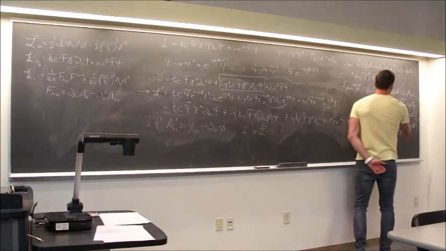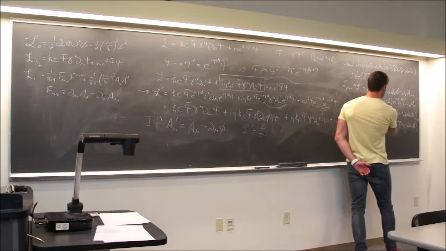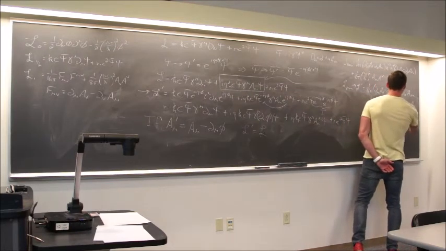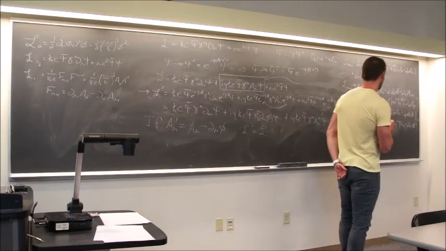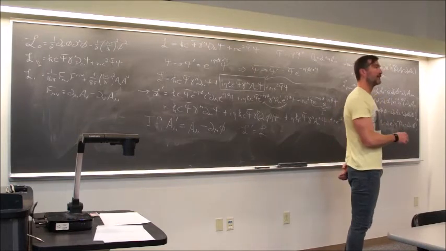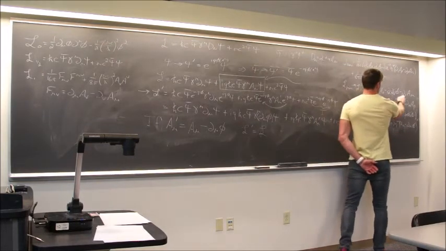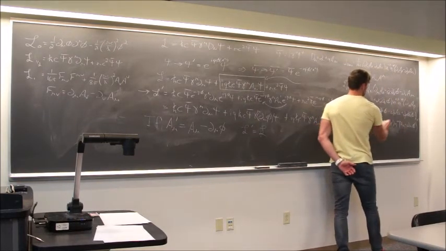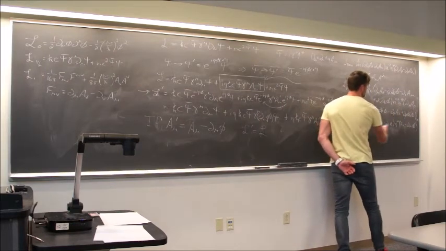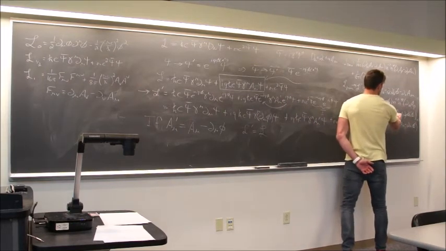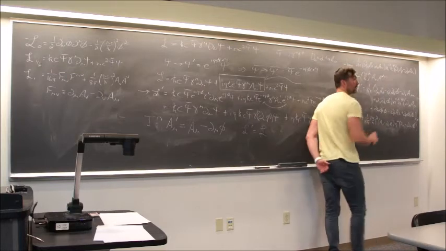So those cancel. Same thing happens down here. Well, damn Skippy. d_mu A_nu minus d_nu A_mu, factors of the inverse metric, d_lambda A_rho minus d_rho A_lambda. That's what I started with.